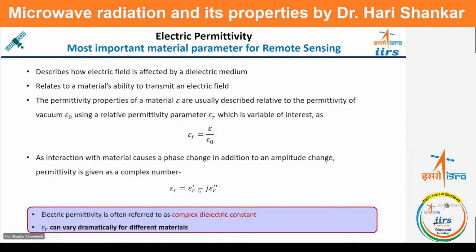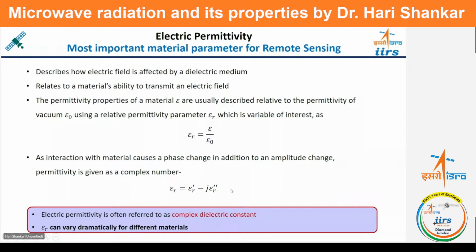The electric permittivity is complex in nature; the relative permittivity is expressed as a complex number, having a real part and an imaginary part. The relative dielectric constant is defined by the dielectric constant of the media versus free space. This ratio is called the relative dielectric constant or relative permittivity.